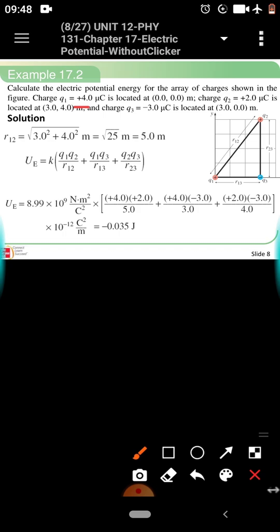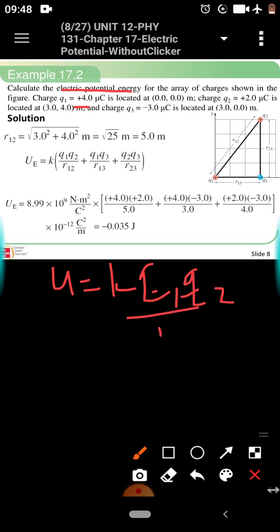We need to calculate the electric potential energy, and we know the formula, which involves r. So we need to find the radii.